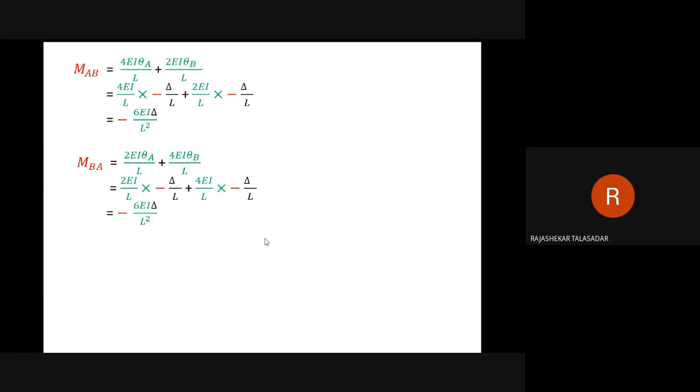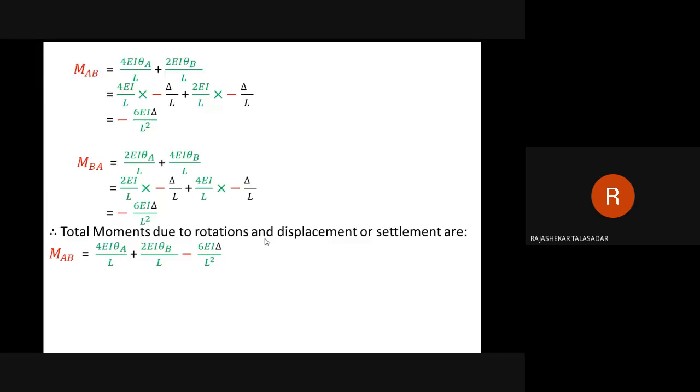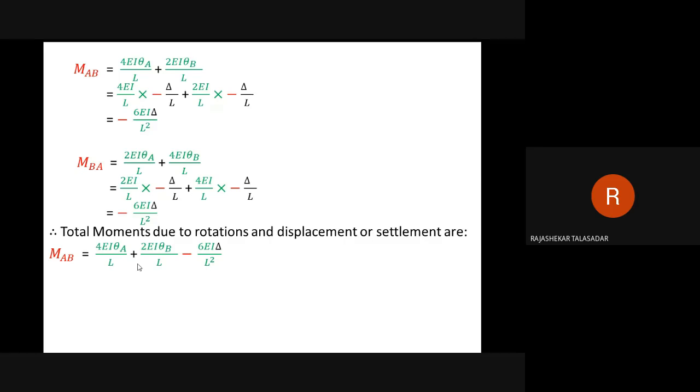Now we found out two parts. What are the two parts? Now the total end moment due to displacement or settlement is due to rotations and settlement. See now, MAB: these two terms will be due to rotation. What is that? 4 EI by L into theta A plus 2 EI by L into theta B, minus, now due to this settlement, minus 6 EI delta by L square.